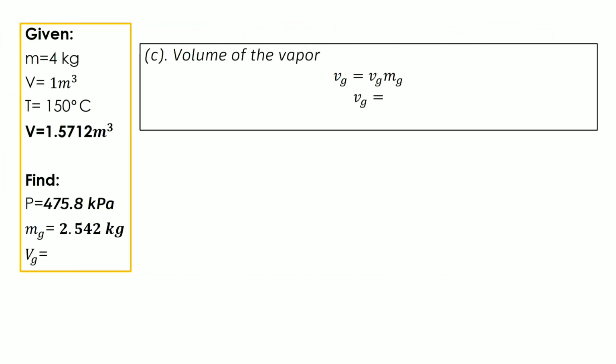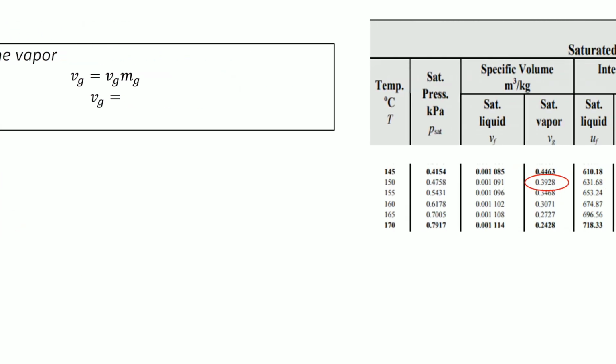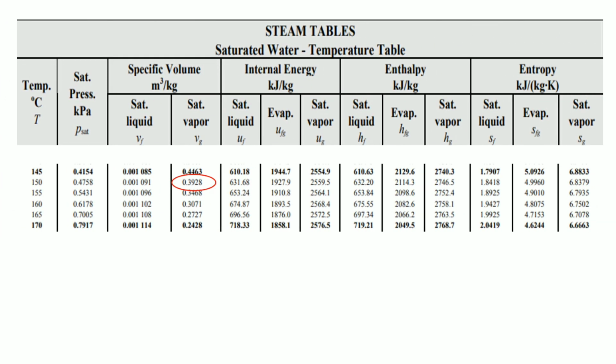Up next, last, we need to find the volume of the vapor. So we are given here the formula. The volume of the vapor is equal to the saturated vapor multiplied by the mass of the vapor. We know a while ago that our saturated vapor is 0.3928.